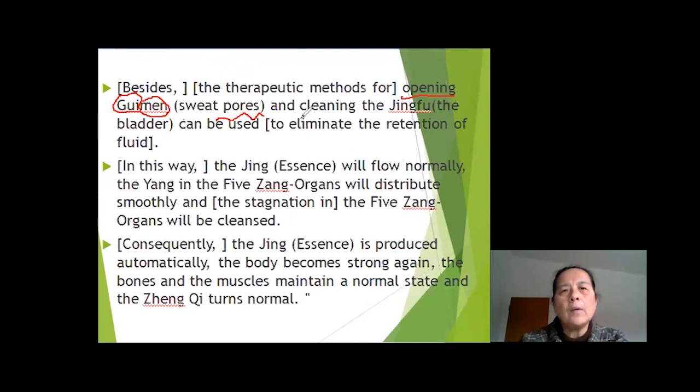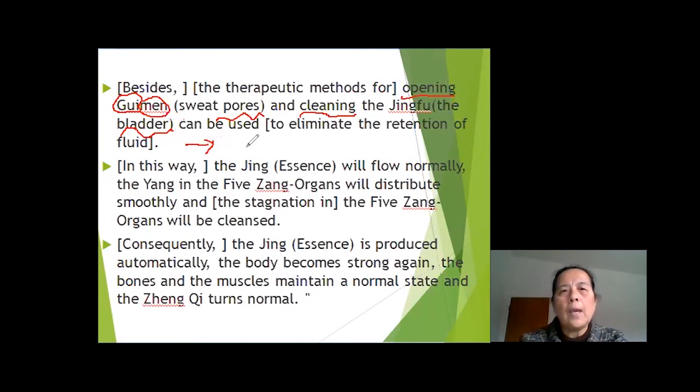And also clear the 净腑, which means promote urination. This way we still use today: when people have edema or water retention, we can promote sweating or urination to eliminate the excess water.